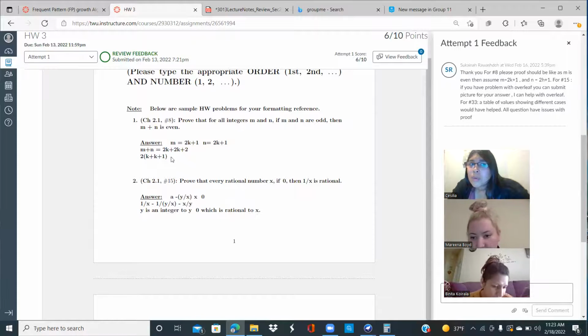He literally took off points because I left it as k instead of changing it to m and n. It looks the same, but you should have given 2k plus 1 or 2k. You have to name it like that, I guess. Well, I guess that is my fault for leaving it as 2k plus 1. But I still got the same thing for it.